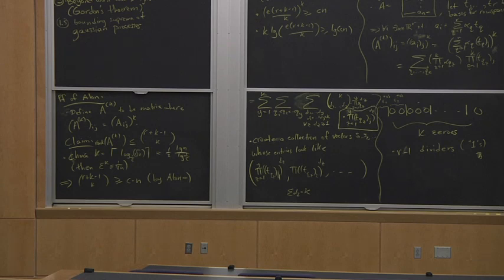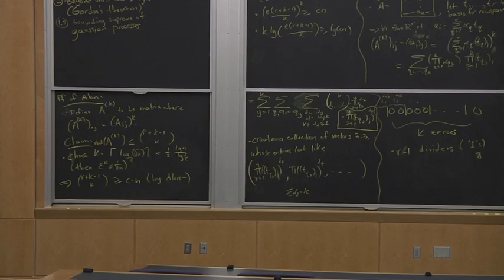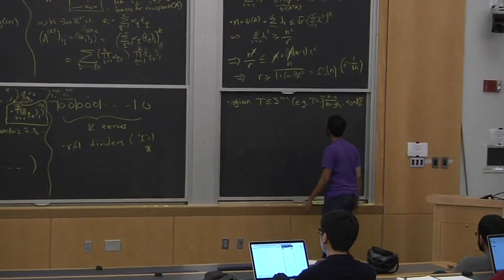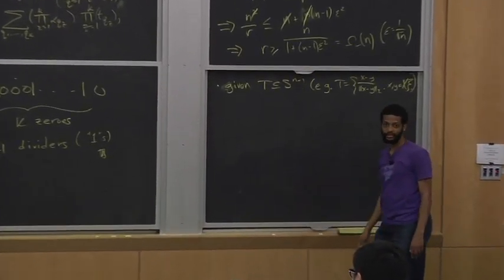Okay. So let me reformulate. We're given some T, which is a subset of the unit sphere. For example, T is the set of all vectors x minus y, normalized to have unit norm, like in JL.